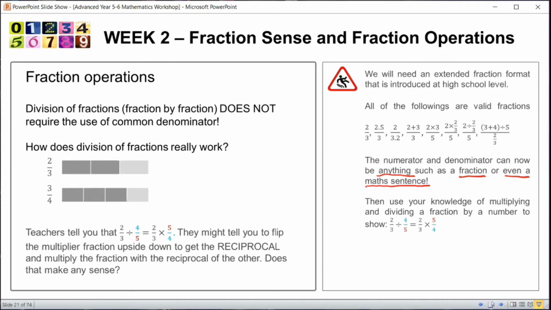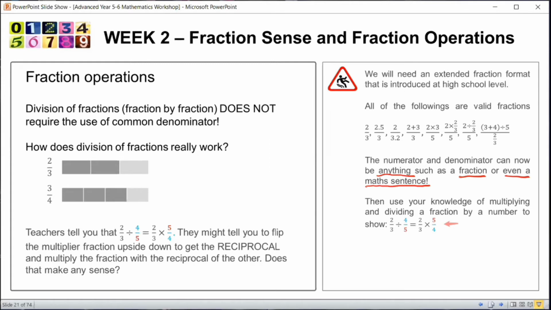All right, now, how are we going to use what we know so far to show that when we divide a fraction, we just flip the second one over and we multiply? All right, this will be interesting.